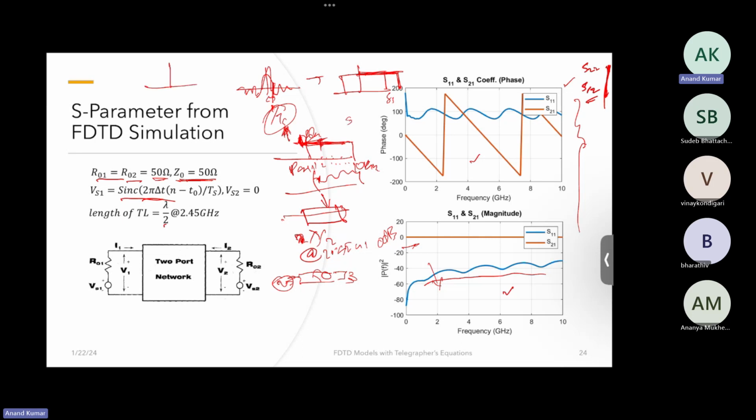So we send a flat response at port 1 and see the response at port 2, and since this is a flat excitation, whatever response you get at port 2 will essentially be the S parameters. To get a flat excitation in the frequency domain, we use a sync function in the time domain.